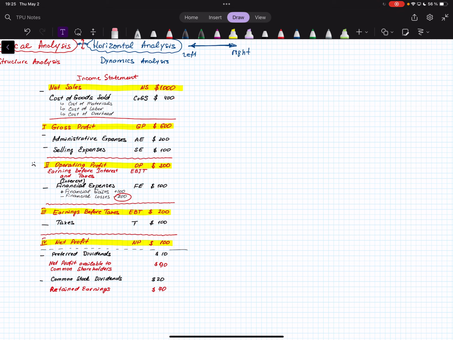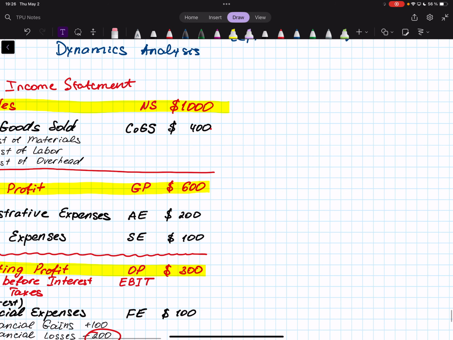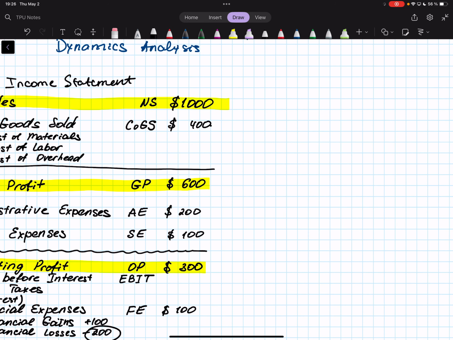In this case, the general indicator is sales. Sales is like the overall indicator in the income statement. So sales will be taken as the foundation.